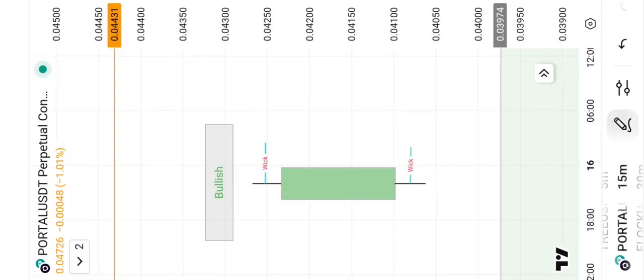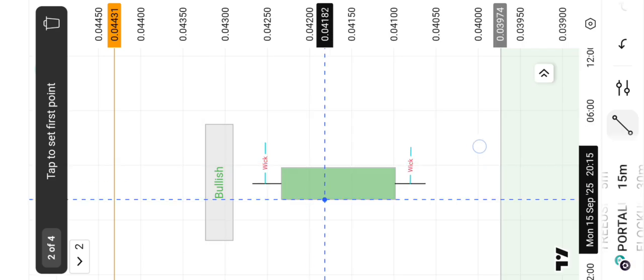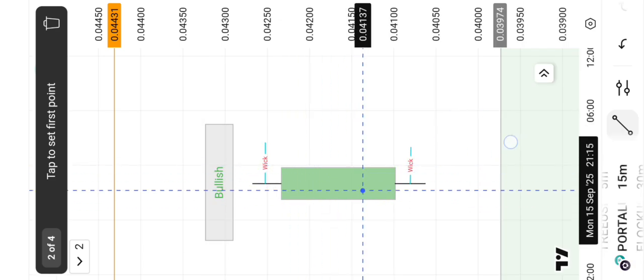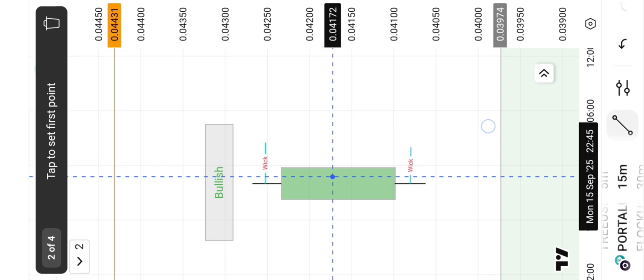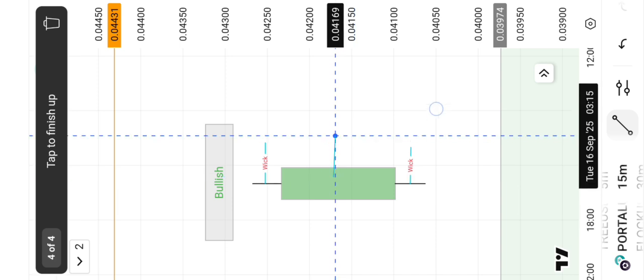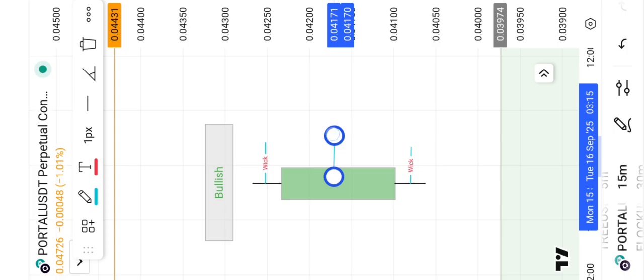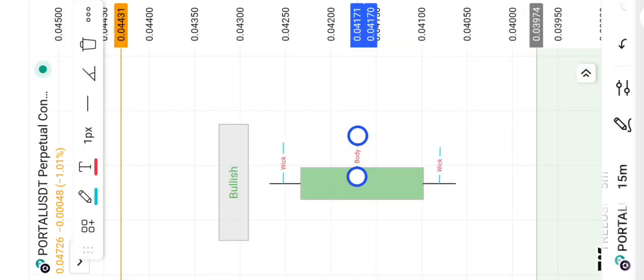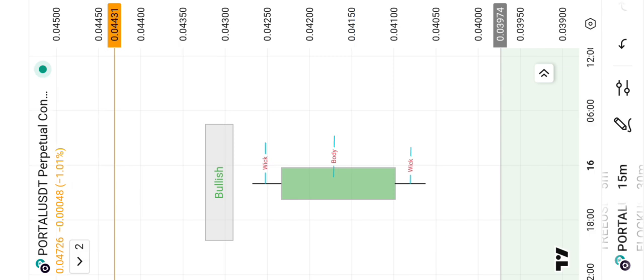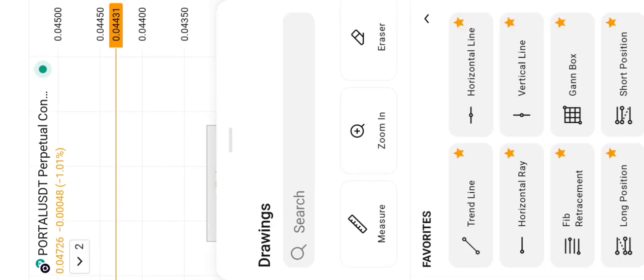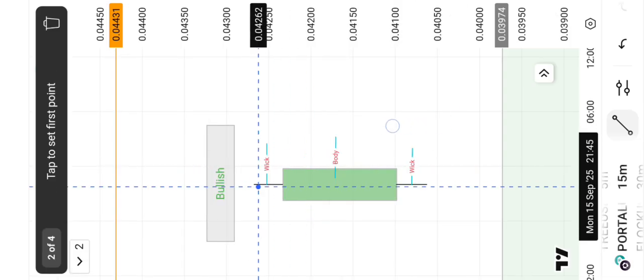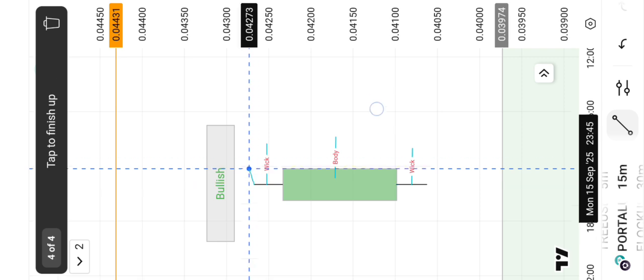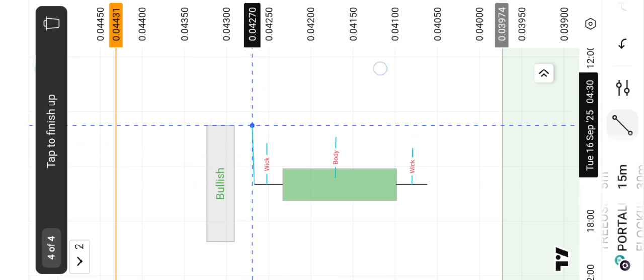Then this is the body. This green part is the body of the candle. Then the highest point of the wick is what we call the swing high, or upper shadow.